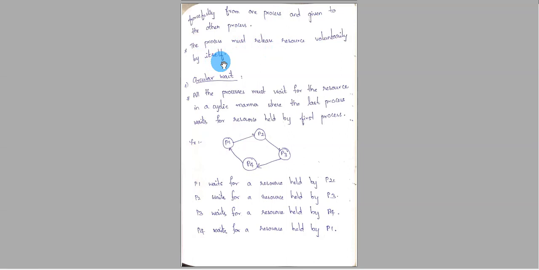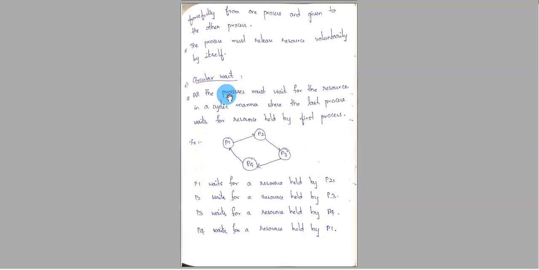So as you can understand from the sentences, it should only voluntarily release the resource by itself. No one can preempt it to release the resource such that another process which requires it can use it. Until it releases the resource voluntarily, no other process can use that resource. I hope you understood it.